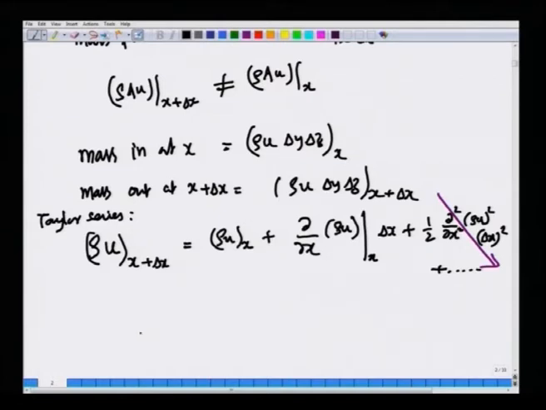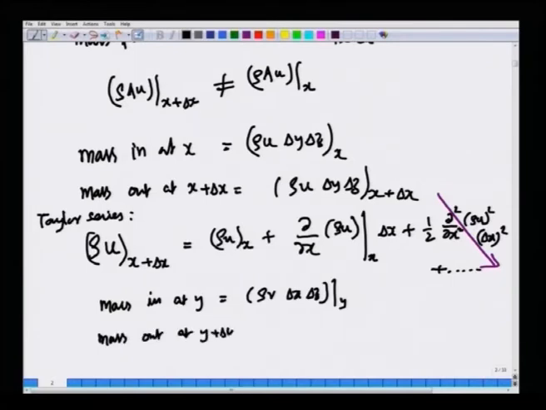Likewise, you can write down the other directions. Mass in at y is rho v delta x delta z at y, and mass out at y plus delta y is rho v delta x delta z at y plus delta y.